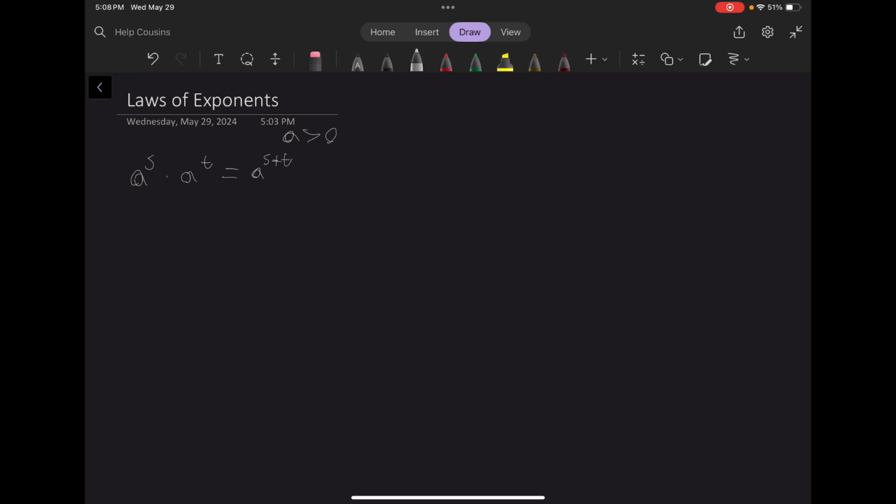The way that works is, say we have a squared times a cubed, which would be a to the power of 5 by this rule. So we have a times a, which is a squared, and then we're going to have that times a times a times a.